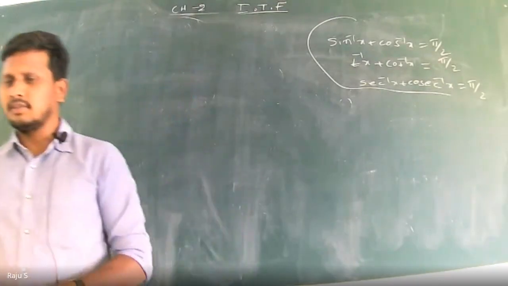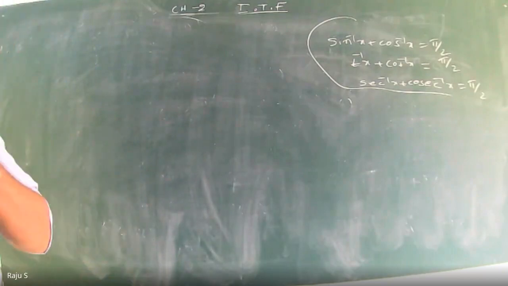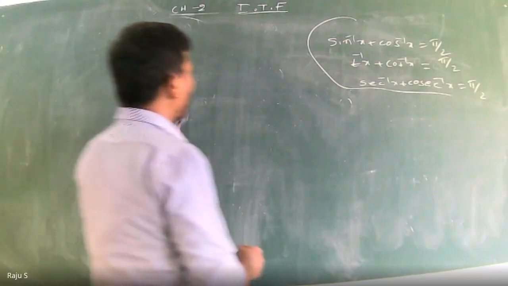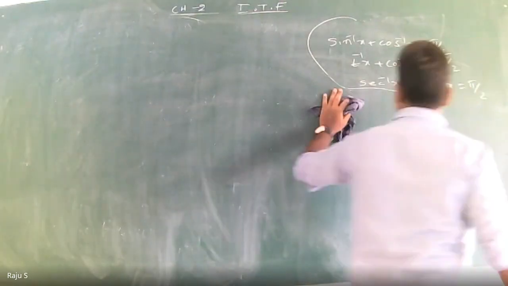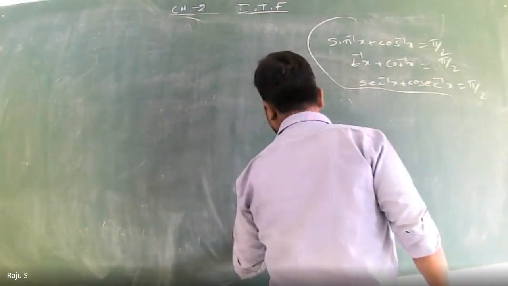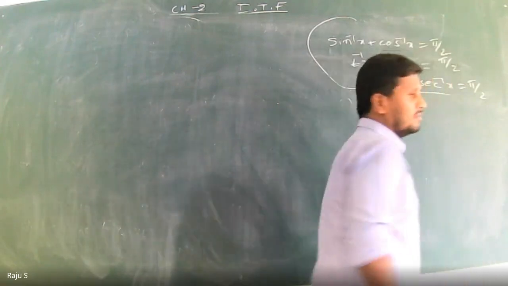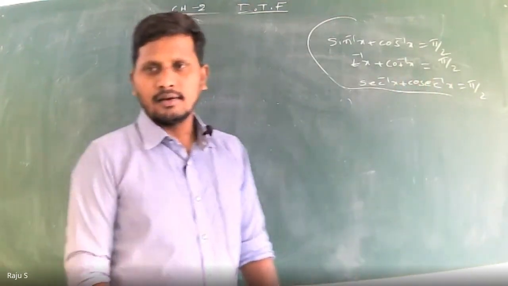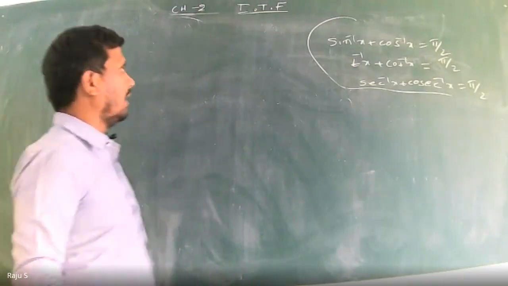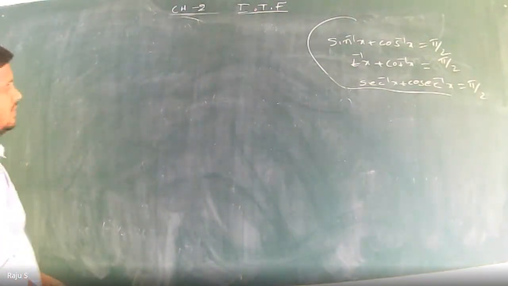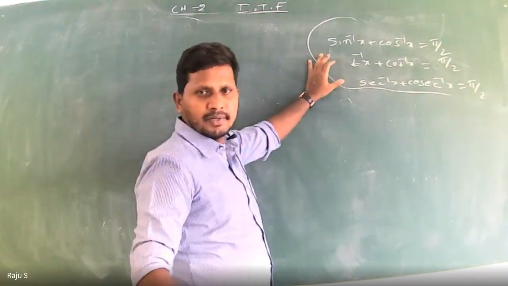Let us discuss the properties now. Properties in the sense of important formulae, and how to derive the formula from trigonometry to inverse trigonometry. These are the three formulas you have to remember.